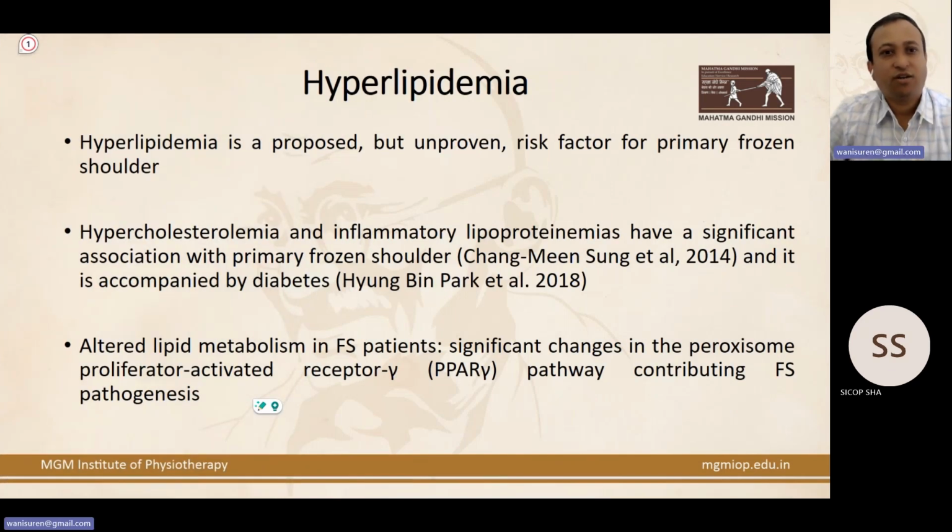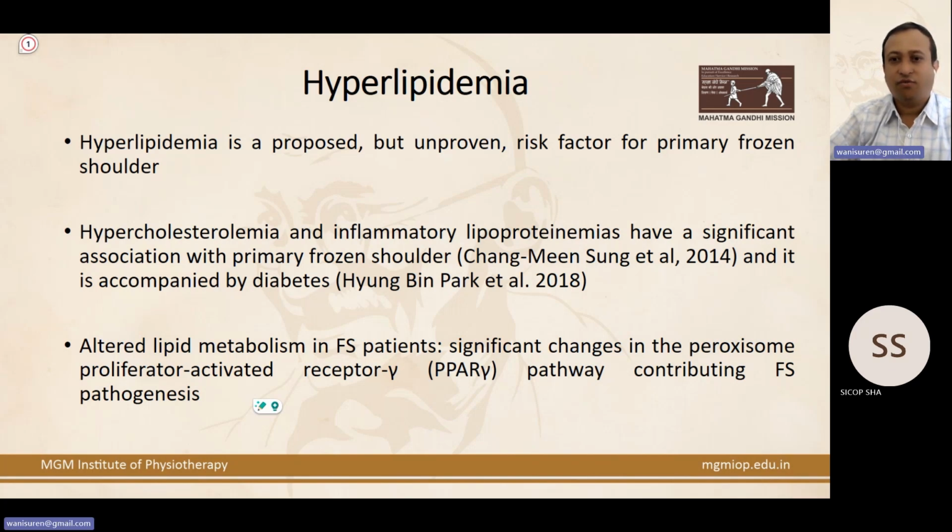Another metabolic condition that we are going to discuss is hyperlipidemia, or more appropriately dyslipidemia, because both hyper- and hypolipidemia may cause adhesive capsulitis. First, we'll look at hyperlipidemia, which is a proposed cause, but not an established risk factor, for the development of frozen shoulder.